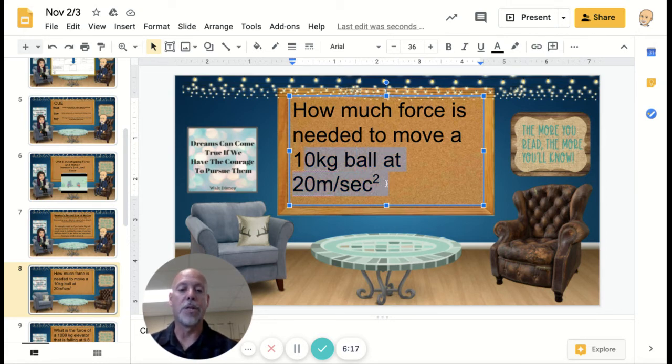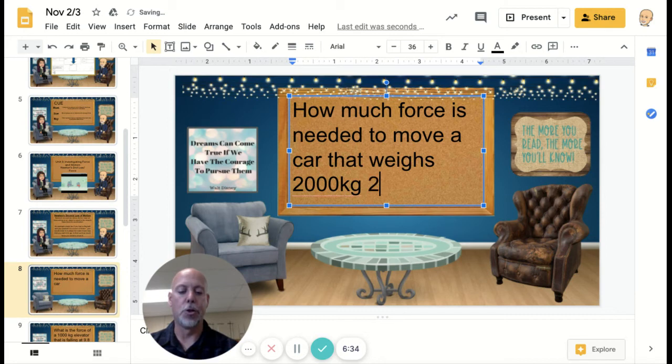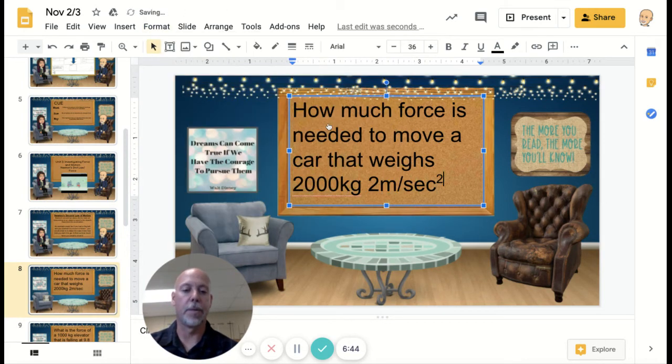How about we do one more? How about moving a car that weighs 2,000 kilograms at 2 meters per second squared.